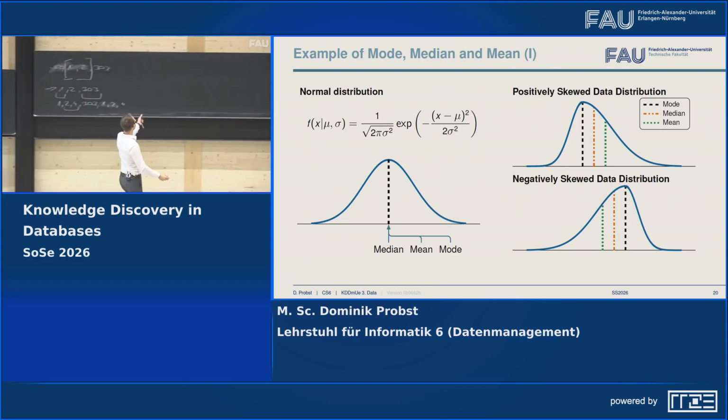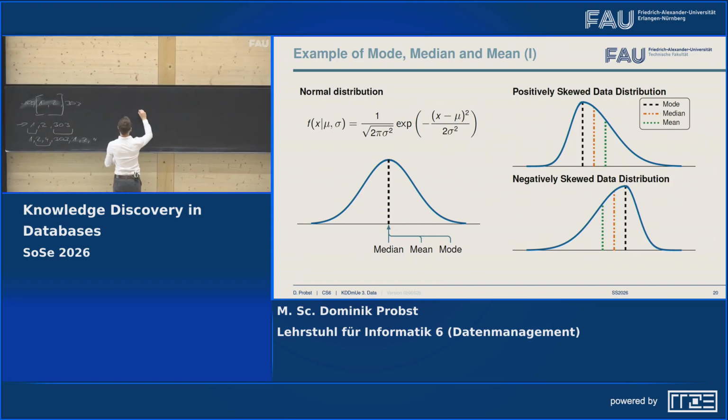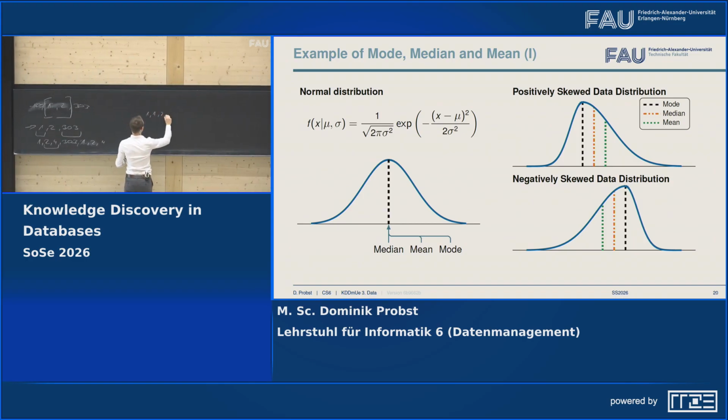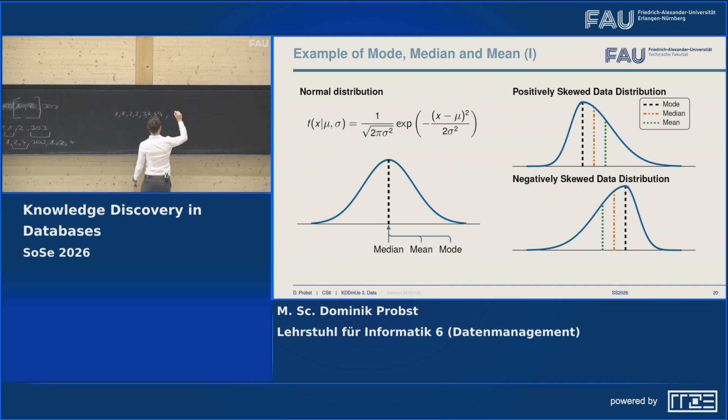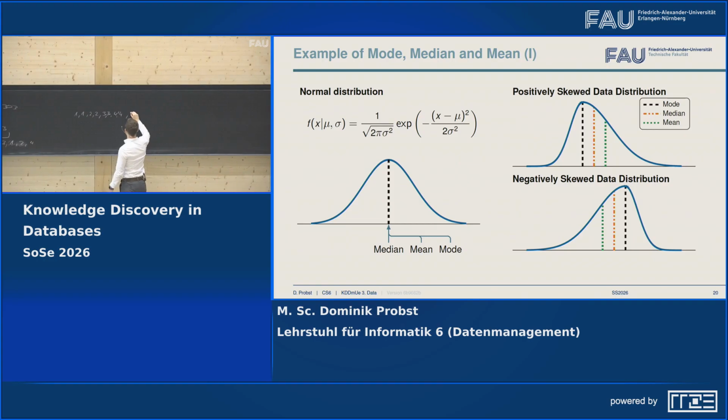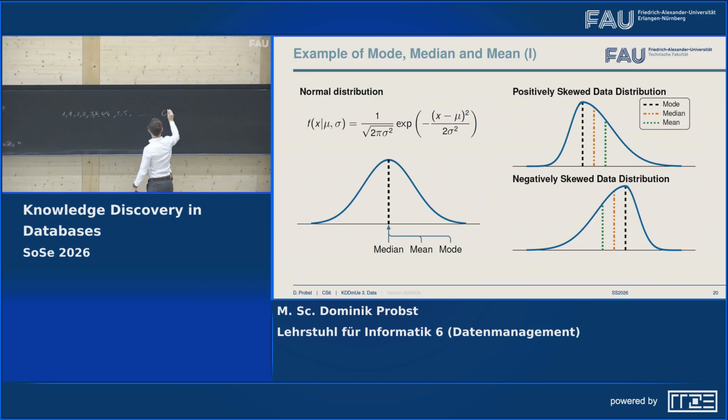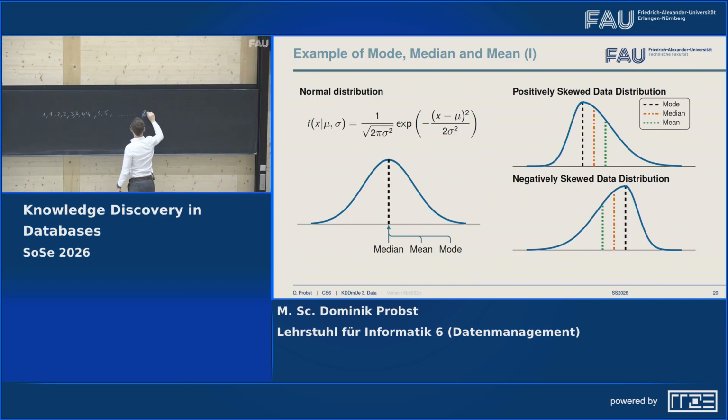let's say, we have 1, 1, 2, 2, 3, 3, 4, 4, 5, 5, whatever, and at some point we have 101, 101, 101 in here.